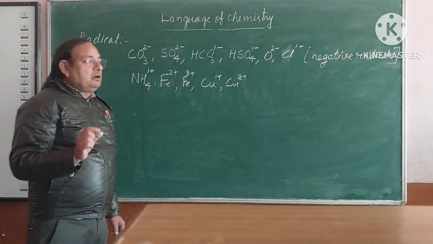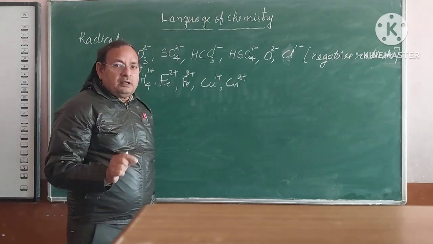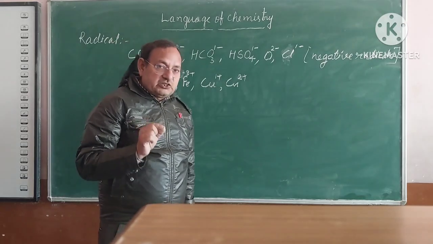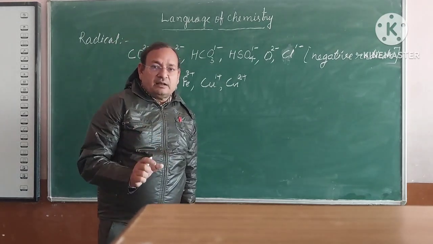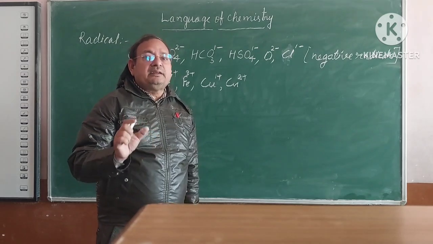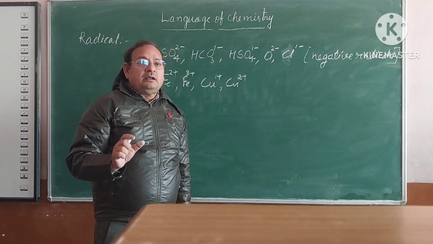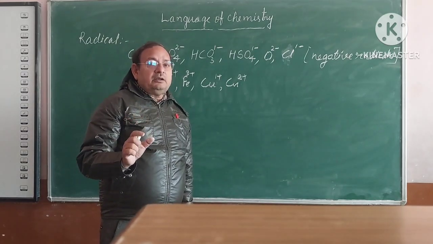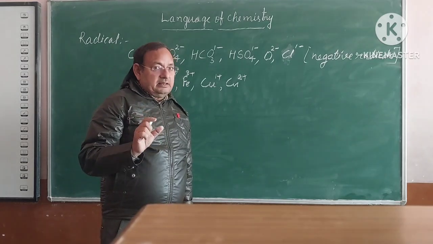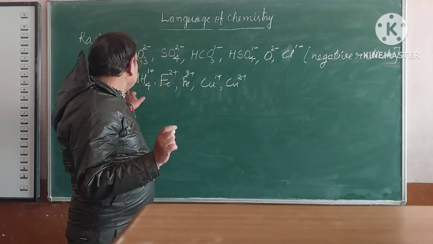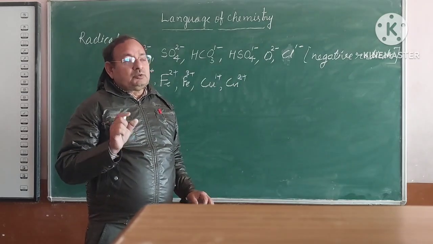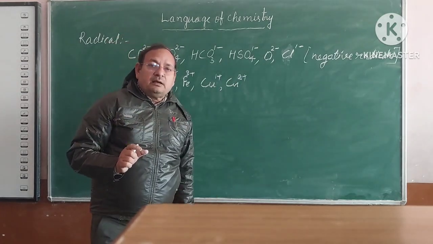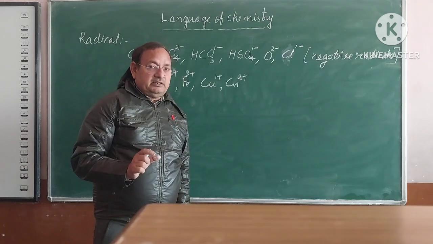If atoms or groups of atoms have positive charge on them and behave as a single unit in different chemical reactions, they will be called radicals. And these are having positive charge, so they are known as electropositive radicals.